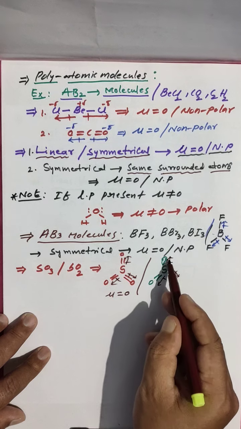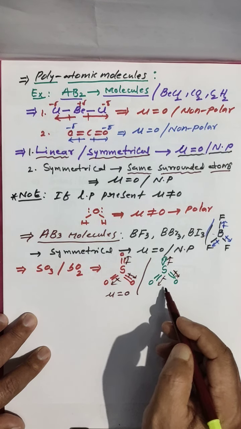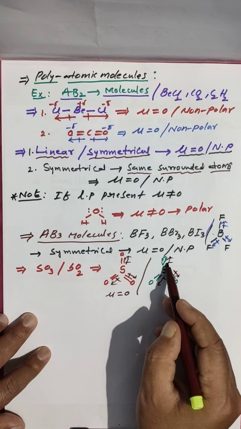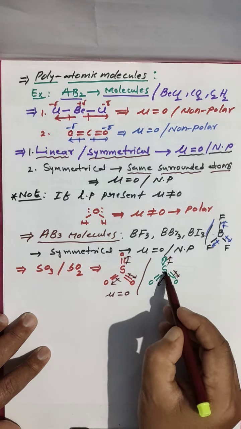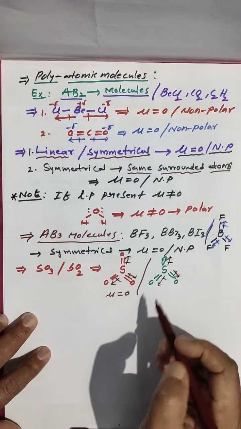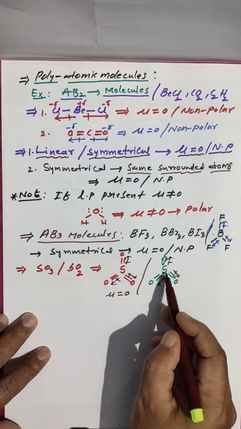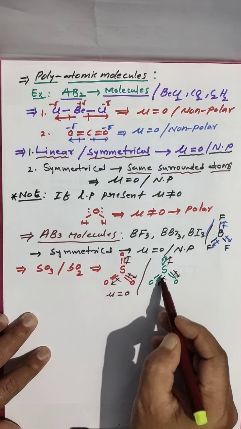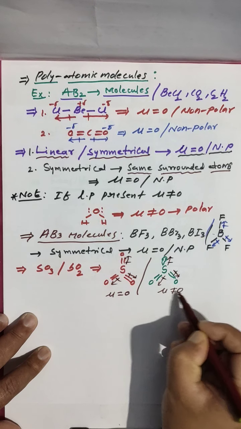Now, this also works on this side and this side, but it is not cancelling out. Why? Because of the lone pair, the electronegativity difference between atom and lone pair, the pulling, is different. That's why here it is not equal to 0.